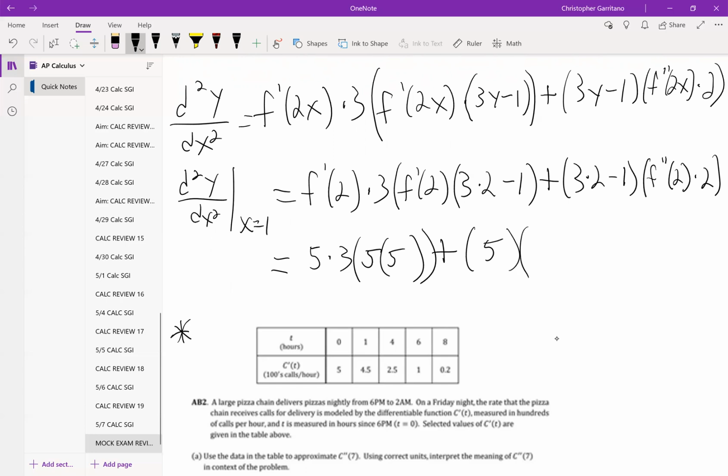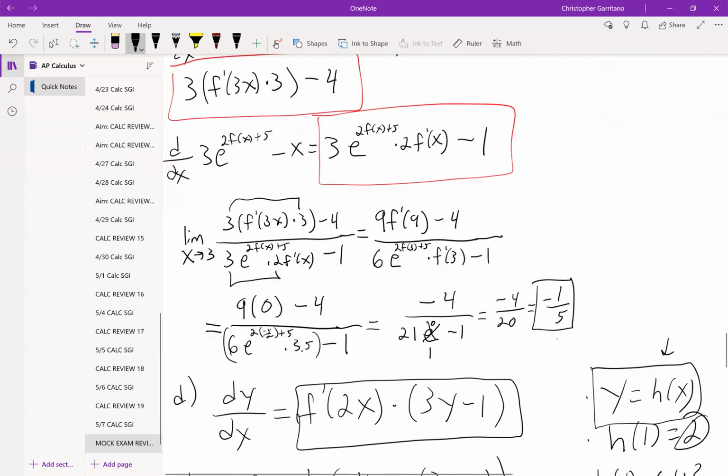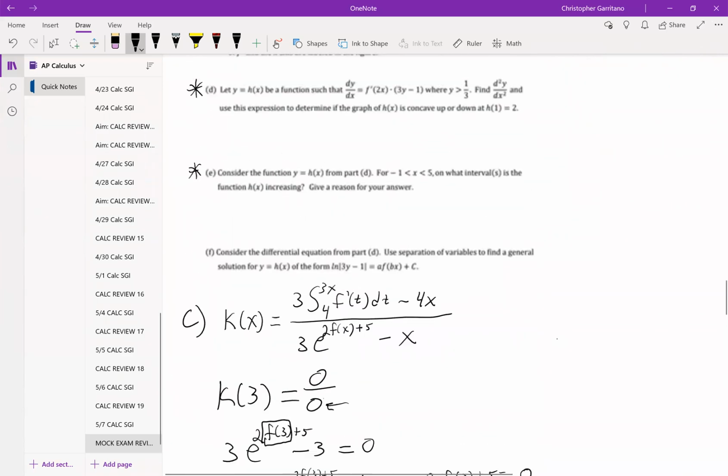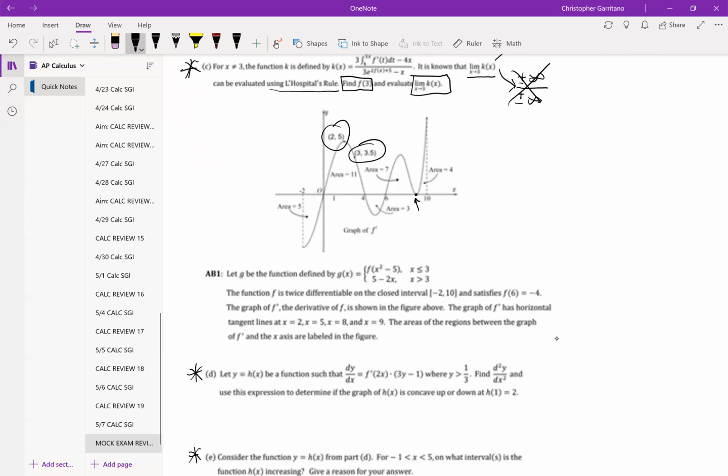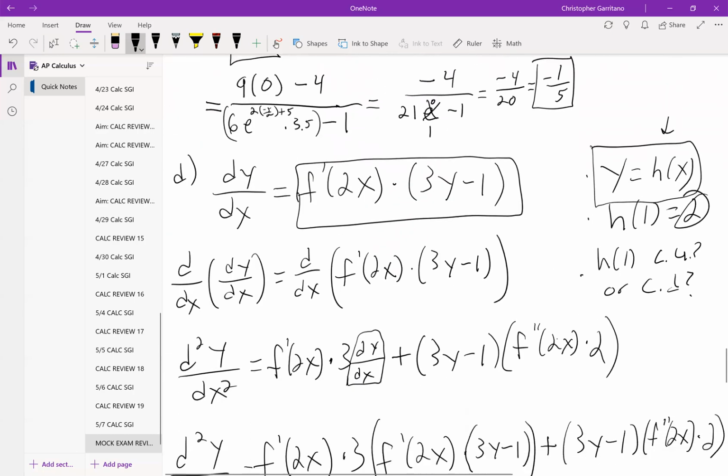All right, f double prime of 2. Let's see. If this is the graph of f prime, then f double prime is the slope of the tangent line. And the slope of the tangent line at x equals 2 is 0. So f double prime of 2 is 0.